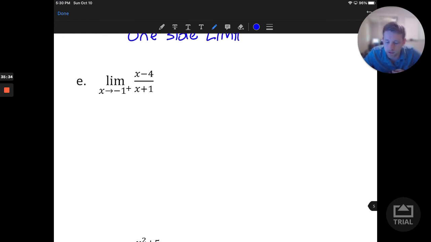about here is if I'm approaching this value -1 from the positive end of my graph, that means I'm going to be evaluating this function at values that are just larger than -1. So if I consider going up my number line, things that are just larger than -1 would be -0.99.